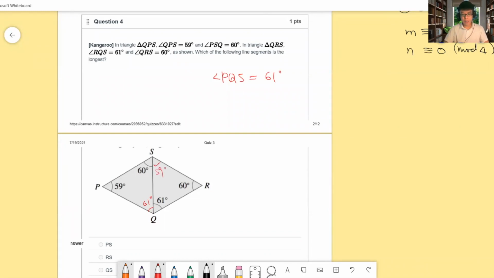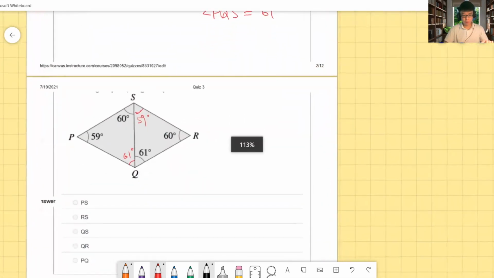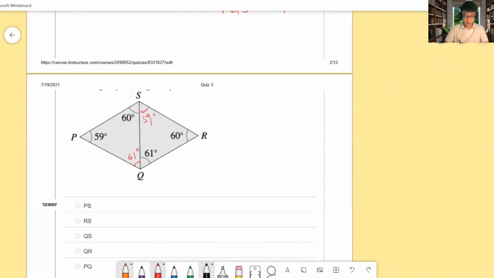Now let's find the longest line segment. Here we would like to mention a property. Basically, a larger angle corresponds to a longer side.